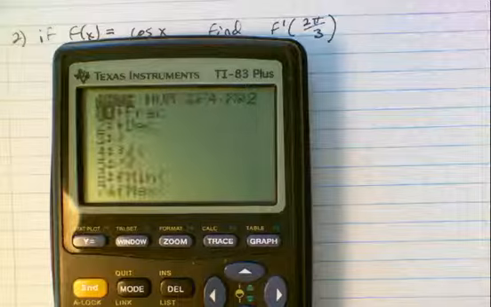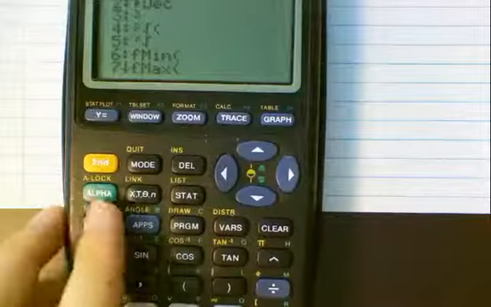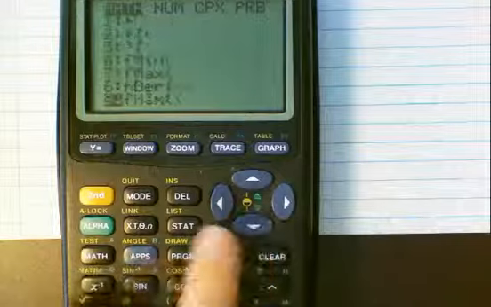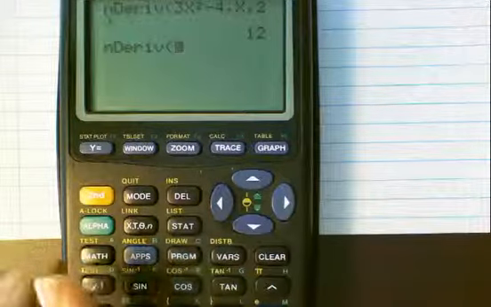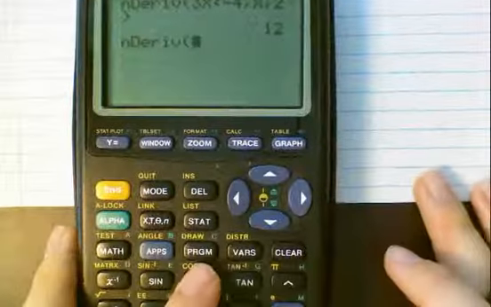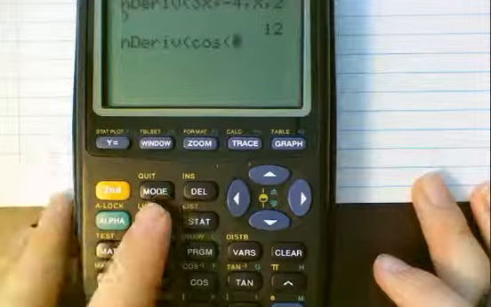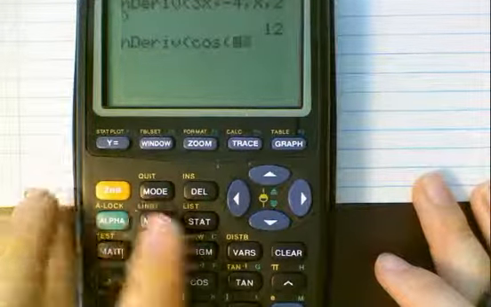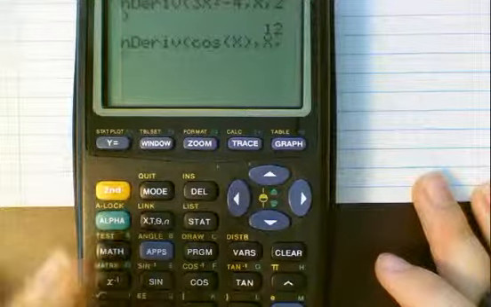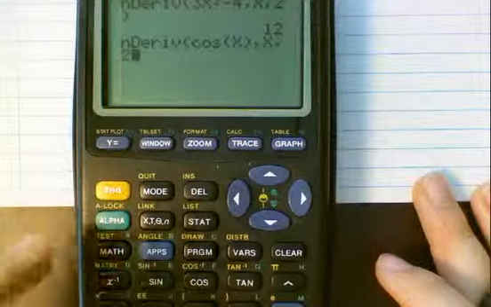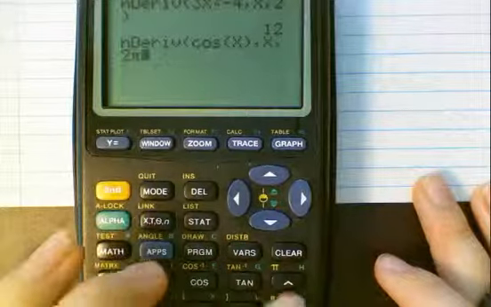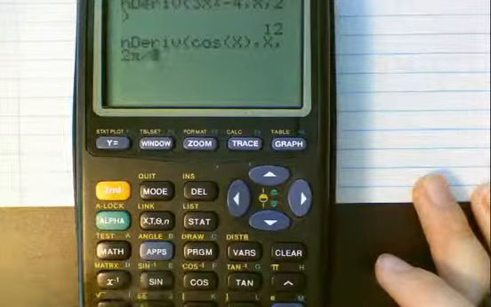So we're going to go back to Math, that button right there, 8, and we're going to put in our cosine of x. Our variable was x, and then we wanted 2 pi, the pi button is right there, 2 pi divided by 3.